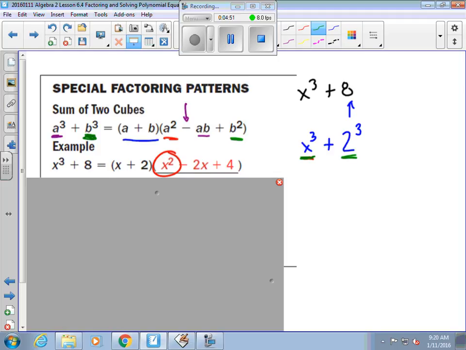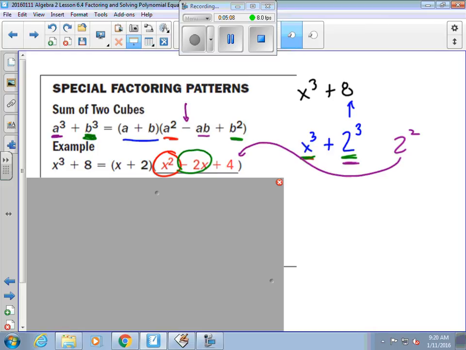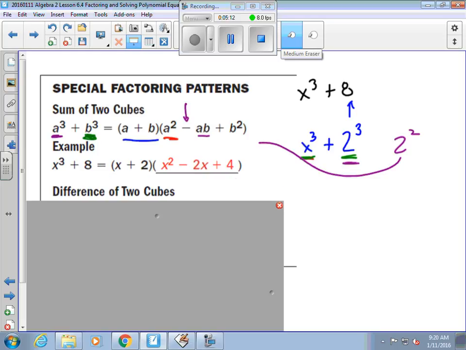Instead of plus, it's minus 2 times x. And then finally, it's this one squared, 2 squared, which is the number 4. So x squared minus 2x plus 4 is what it winds up being, times the original x plus 2. The same thing's true with the difference of two cubes.